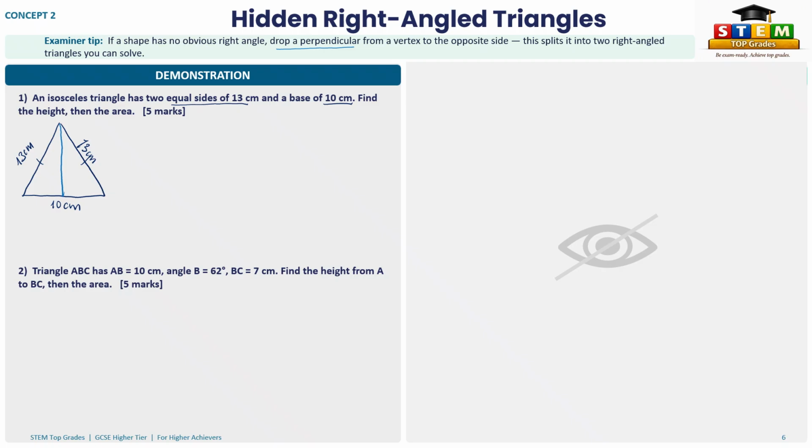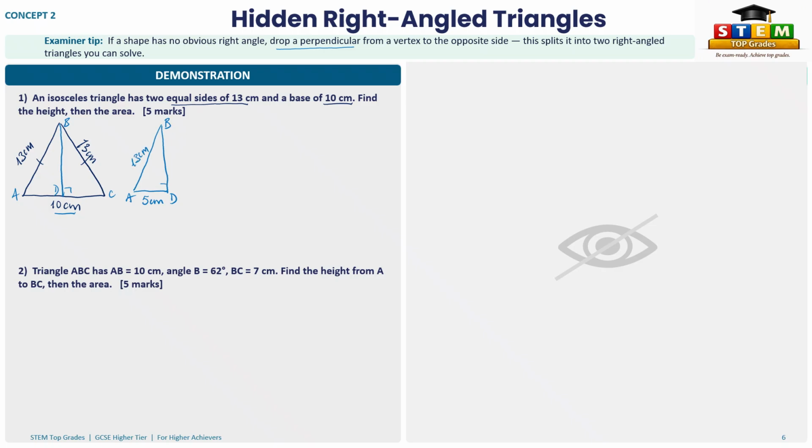Now, okay, and you can label the corners A, B, C, and then we can have D over here. So what are we looking for then? Find the height. Now, if you want to clarify what you're actually doing, because this is going to now get split into half, and now we're going to get ADB, and this is 13 centimeters long.